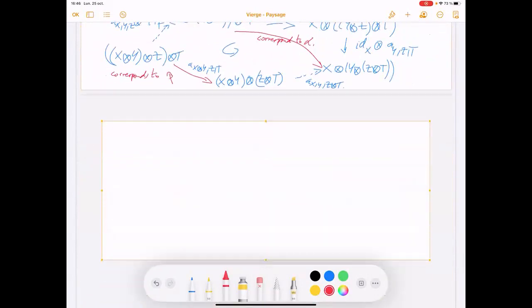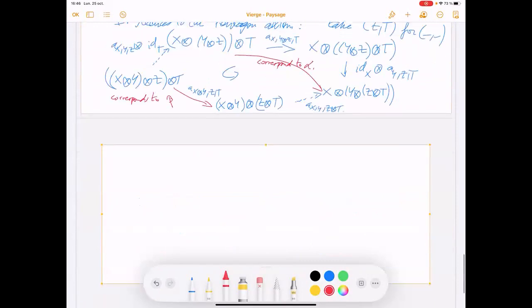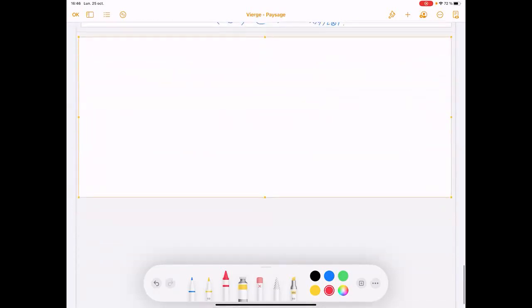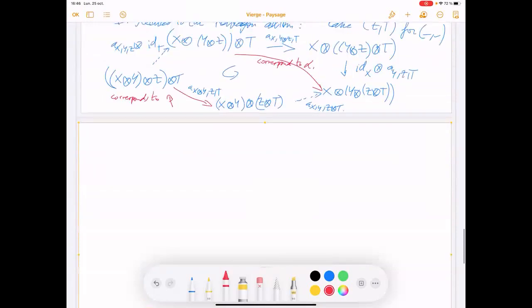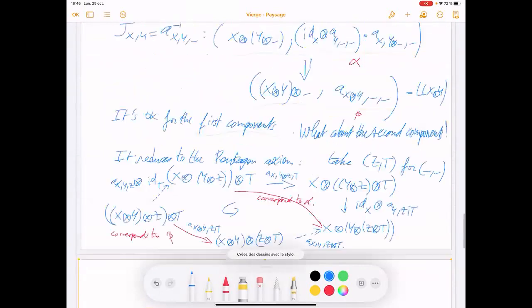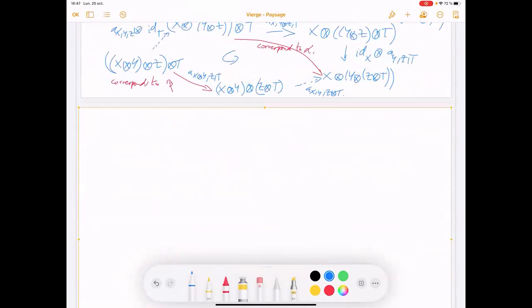Okay. And finally, J X Y satisfies the monoidal structure axiom.